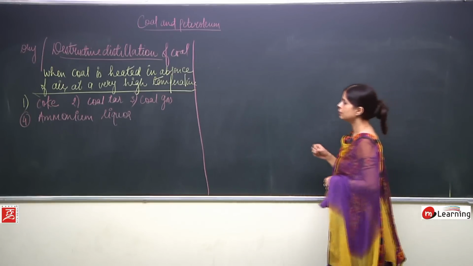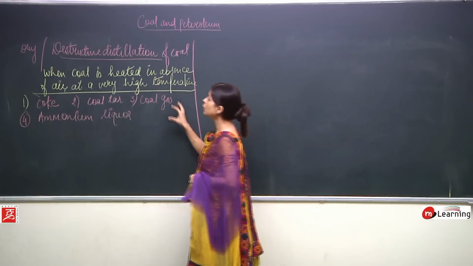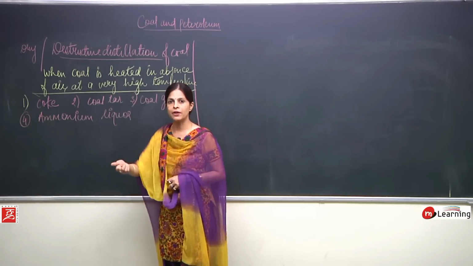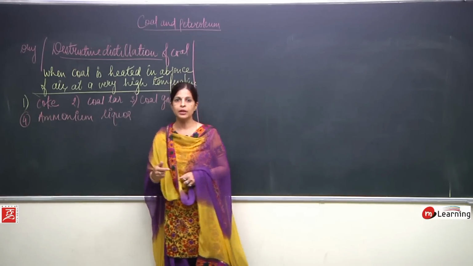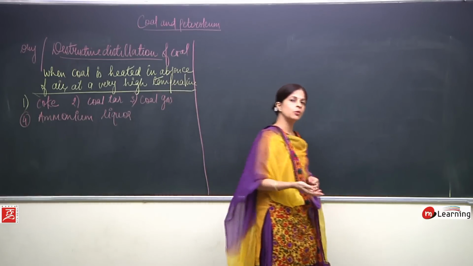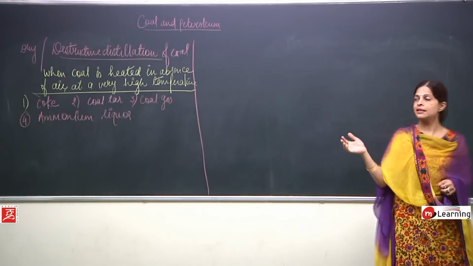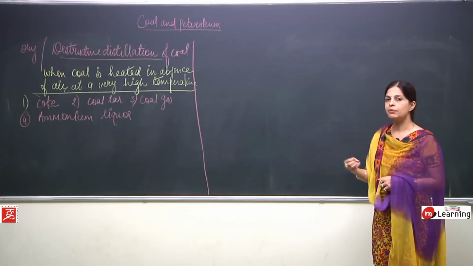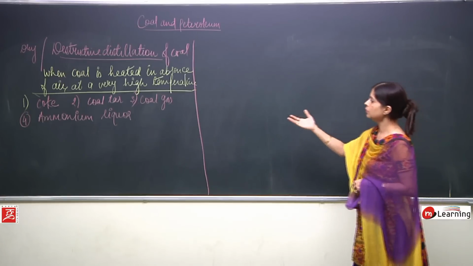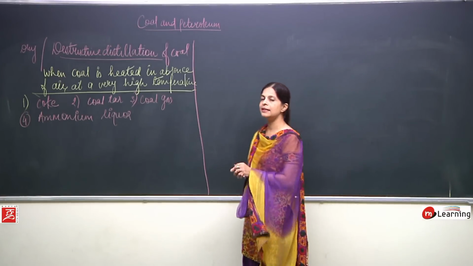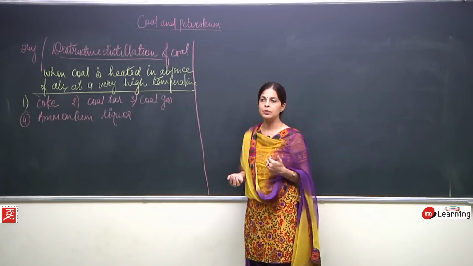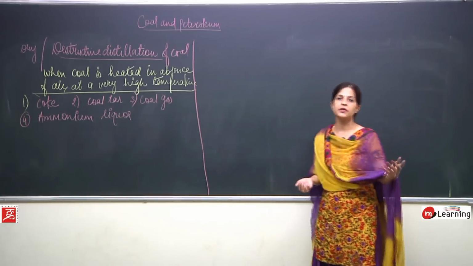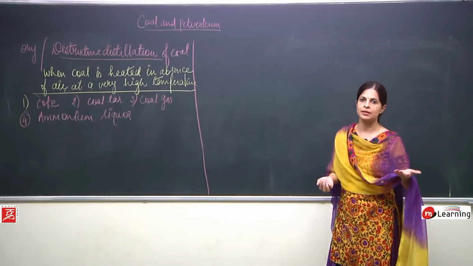And when these things are obtained, don't you think they will be very useful? That is the reason we are trying to obtain them from coal. All these are very important things. They can be used in various places, we will be discussing in detail, but these are very good fuels, and they are used again to get many different substances or products.